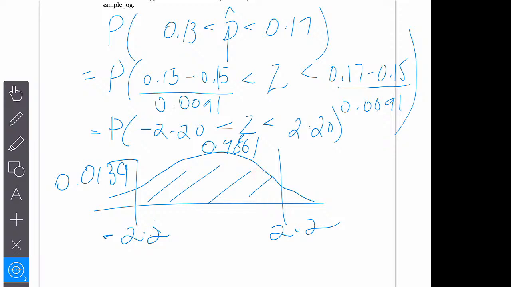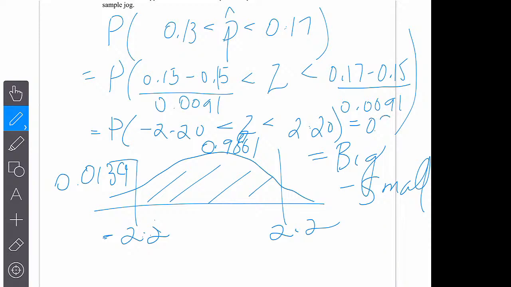So I use the approach of big minus small to get the inside part. And the answer is 0.9722.